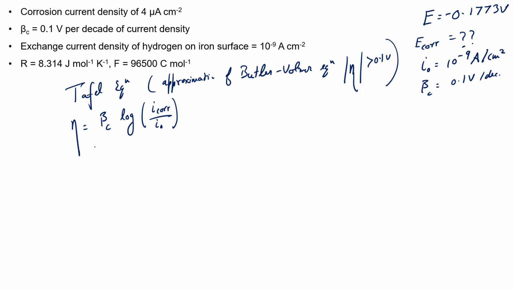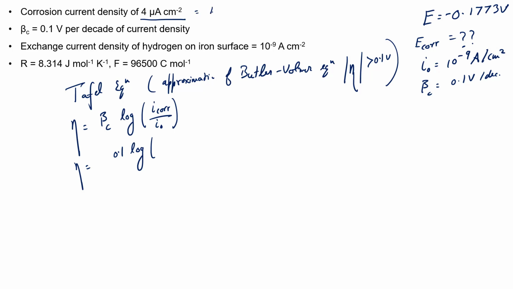Okay. So using this, we will get 0.1 log of, where the corrosion current density is given to be 4 microampere per centimeter square.